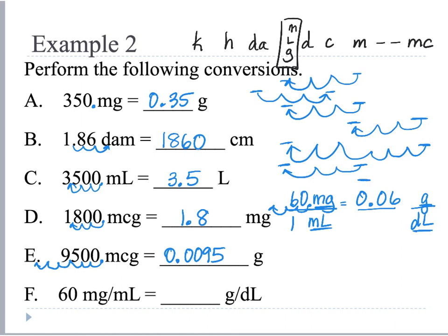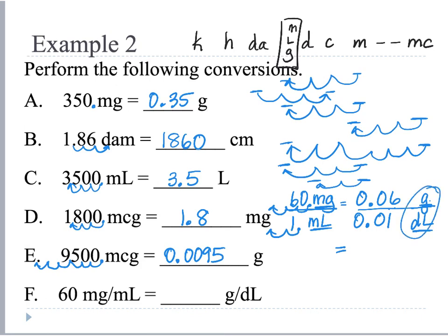So milli is here, deci is here, so 1, 2 places to the left gives me 0.01 deciliters. So I'm almost there at this point. We have 0.06 grams over 0.01 deciliters.